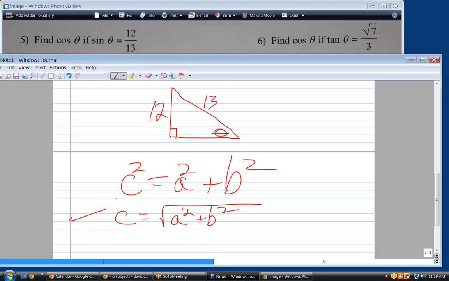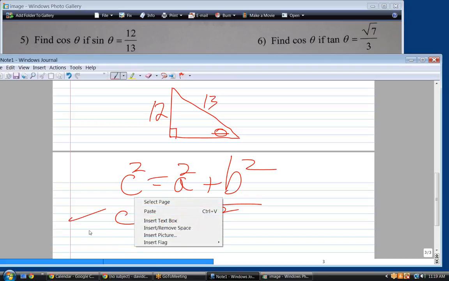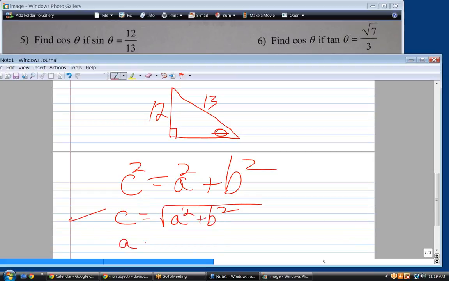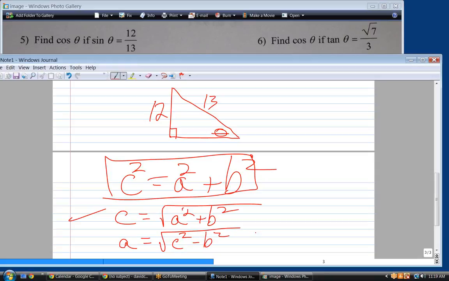You need to memorize that. The other thing is to memorize how you solve for a side. If we solve this primary Pythagorean equation here, a is going to be the square root of c squared minus b squared. And likewise, b is going to be the square root of c squared minus a squared.